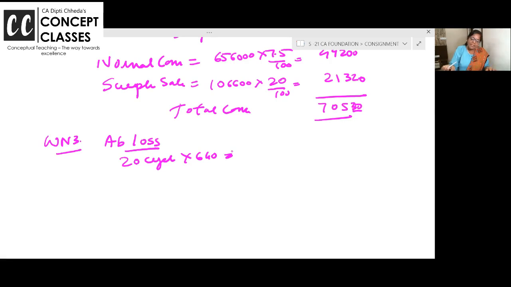How many bicycles have we sent? 1,000 at 640. Out of that, 20 of the unsold bicycles were shop spoiled.